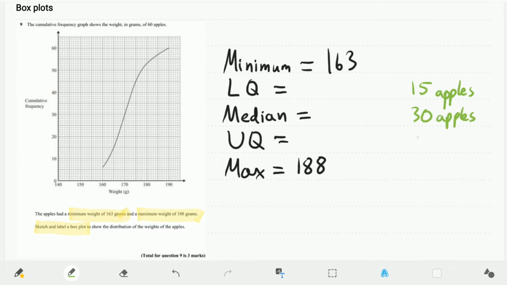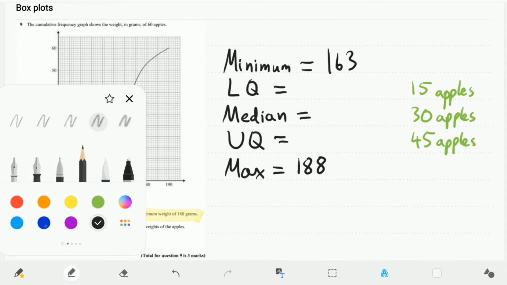And the upper quartile will be at 45 apples. And the way I got this was the lower quartile is the lower 25%, and 25% of 60 is 15. The median is at 50%. So that's 50% of 60, which will give us 30. And finally, we have the upper quartile, which is the 75%, and 75% of 60 is 45.